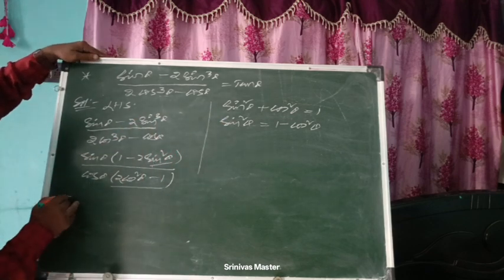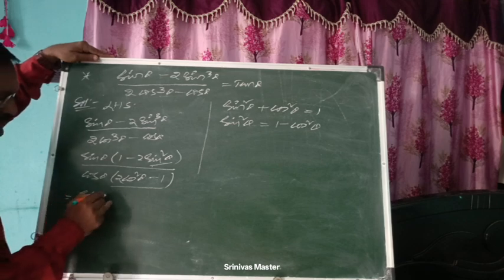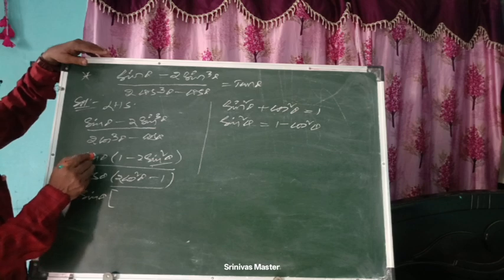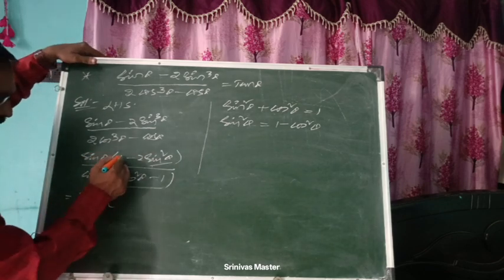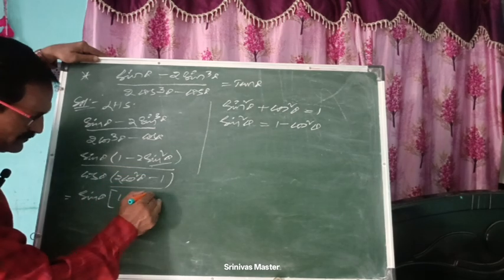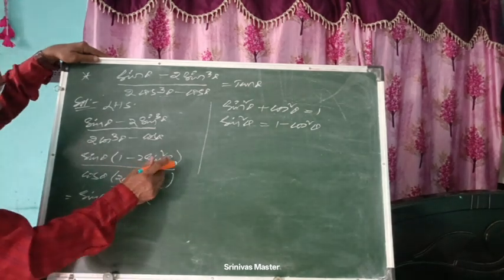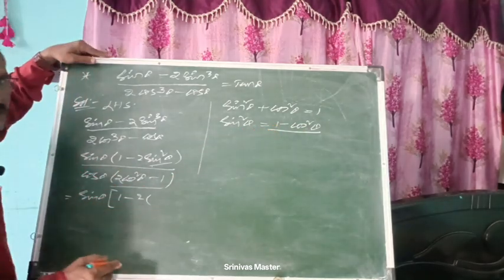Now, see what I am writing. In the numerator, sin theta is the same. Now in this bracket, I am writing 1 minus 2, keep the 2, and in the place of sin square theta, you must take 1 minus cos square theta.